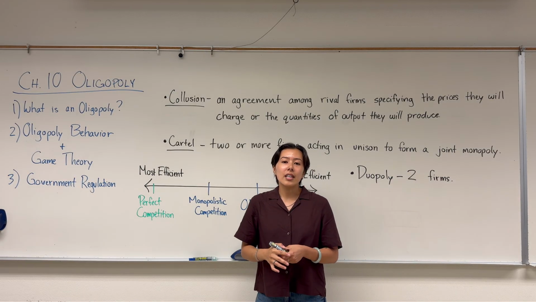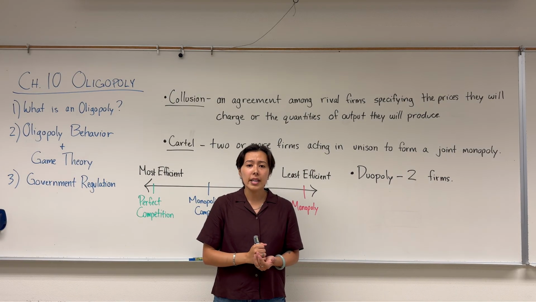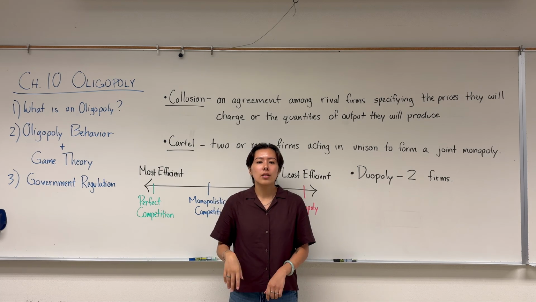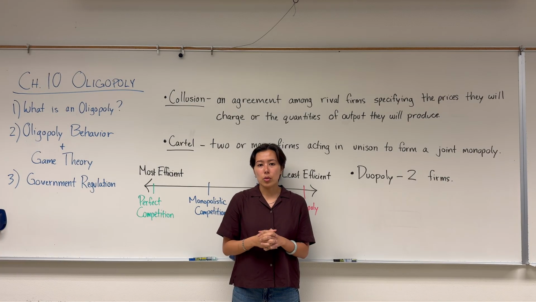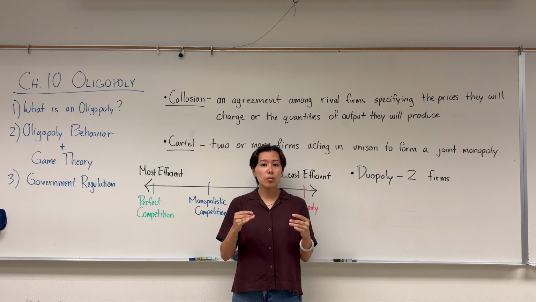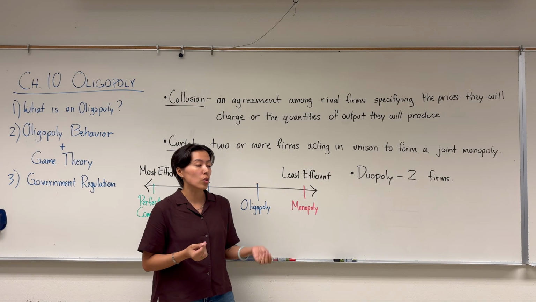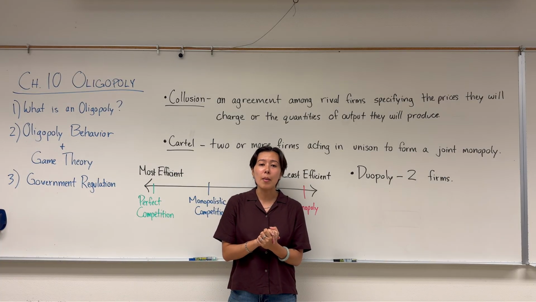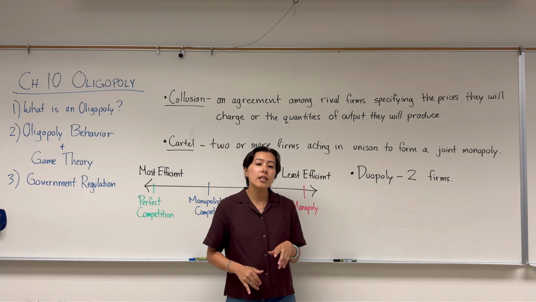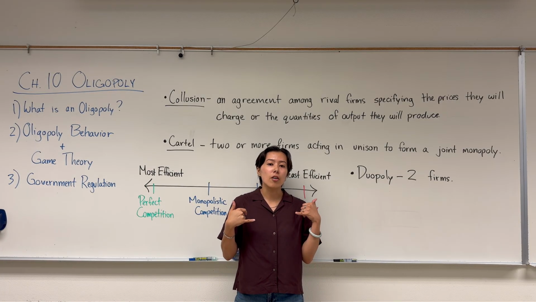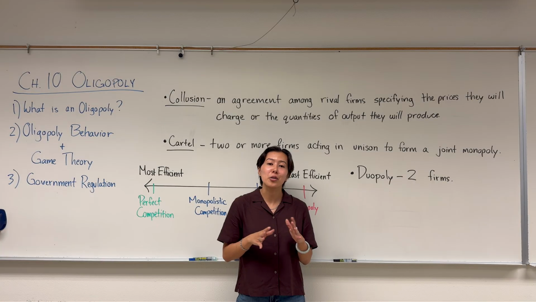So let's imagine in this duopoly market, we're looking at the market for cola. So we have Coca-Cola as one firm and Pepsi as the other. So Coca-Cola and Pepsi could agree to collude. They could agree to work together, operate as a joint monopoly to increase their profits. And so let's say that they do that. The CEO of Coca-Cola calls up the CEO of Pepsi and says, hey, I've got a great idea.